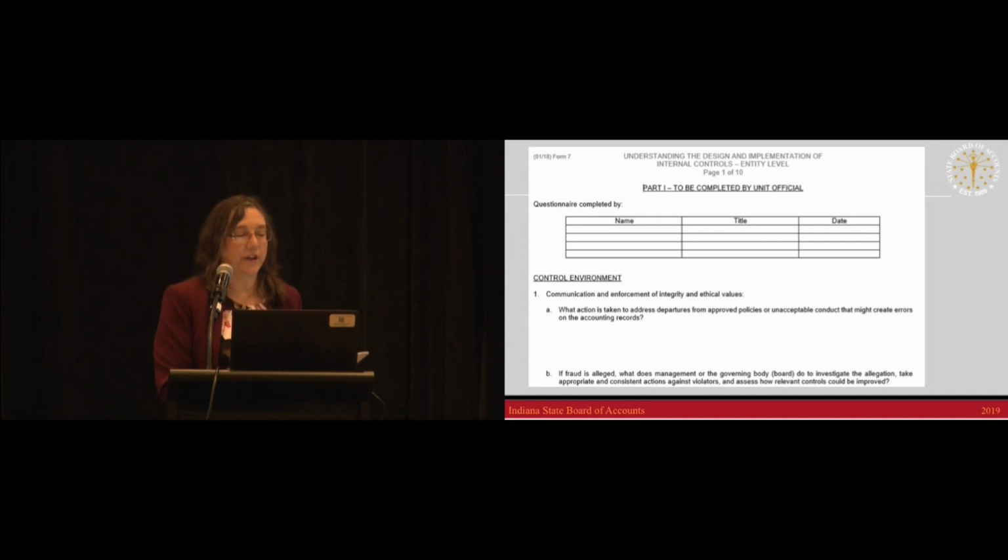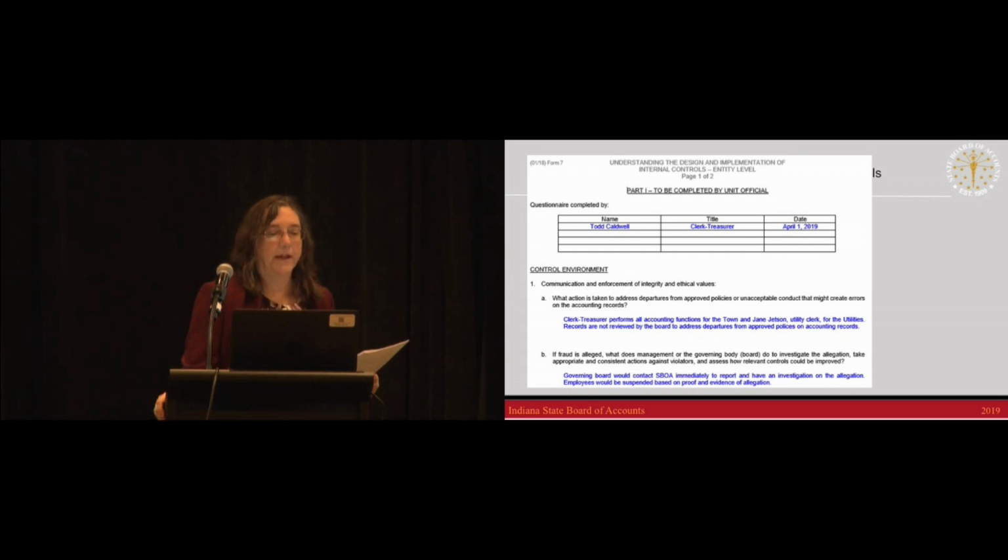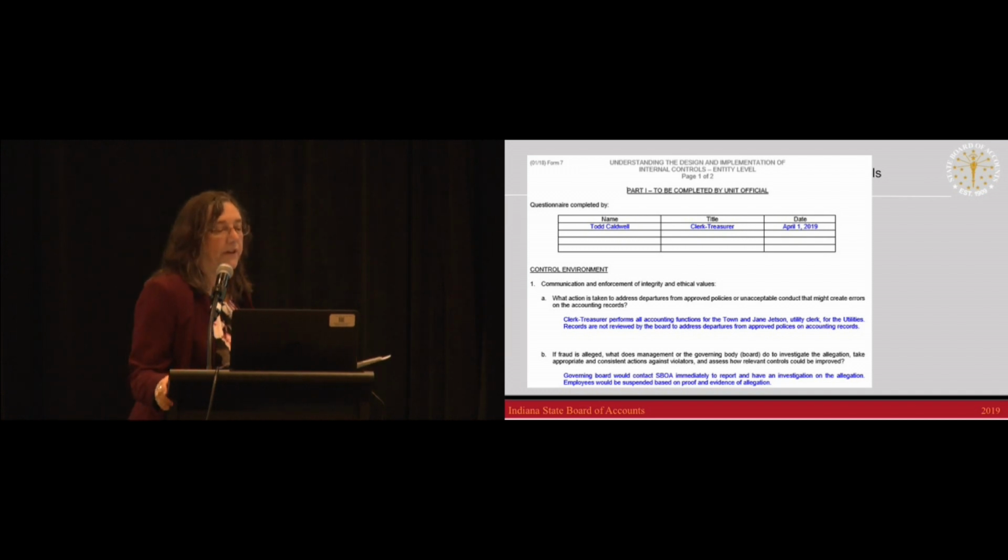Okay, the next section is on risk assessment. Let me get to that. And the first question it asks under there: what procedures are in place to ensure that the information reported in the financial statements is correct and reflective of the accounting records?